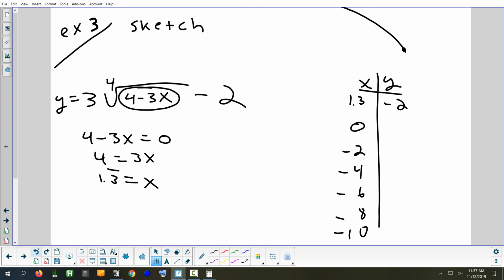It's a shift of 4 units to the left. It's a vertical compression by a factor of 3, horizontal. So horizontal compression by a factor of 3, horizontal reflection, vertical stretch by a factor of 3, and then shift down 2. They didn't ask for all that, but this one's got it. It's got a lot in it. Okay. But that reflection is what's going to make it curve to the left.